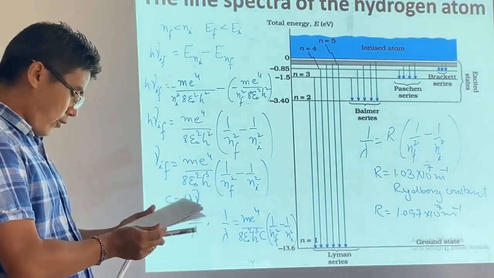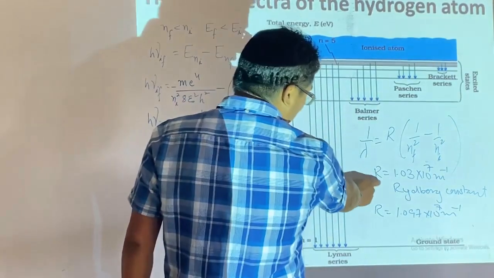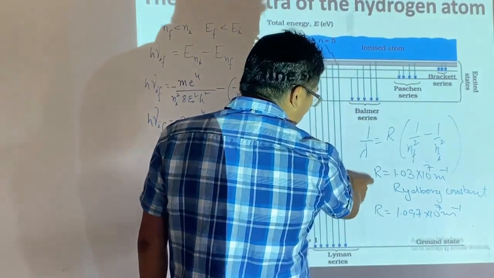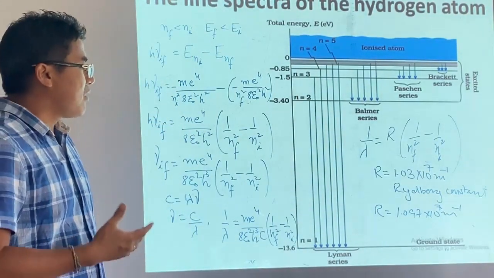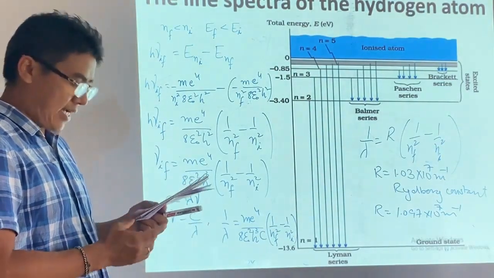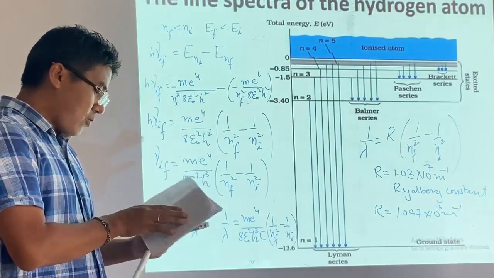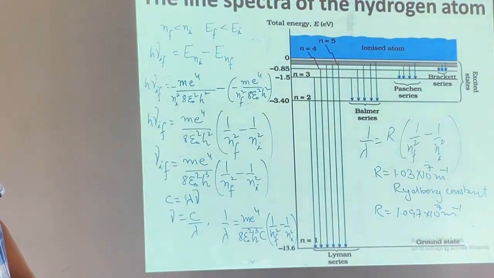Now look at here, this is the theoretical value and this is the experimental value, and the values are very close, which implies that the Bohr model is right. Bohr's postulates are right. So this is what we talk about, right?